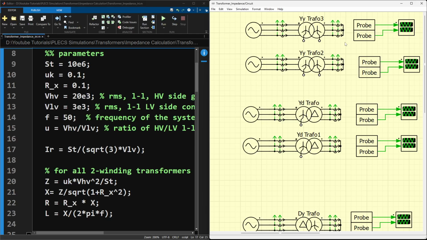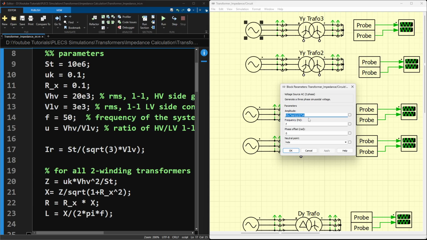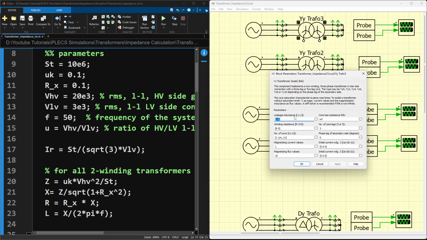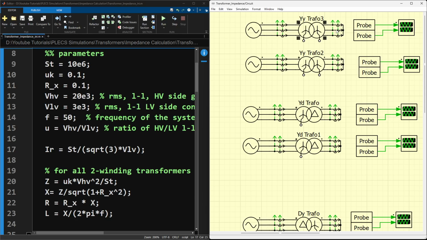So the idea is, from the definition of short circuit impedance, if we apply the short circuit impedance or corresponding short circuit voltage on the primary side of the transformer and then short circuit the secondary terminals, if the impedances are correct, we should get the rated value of the current on the secondary side.